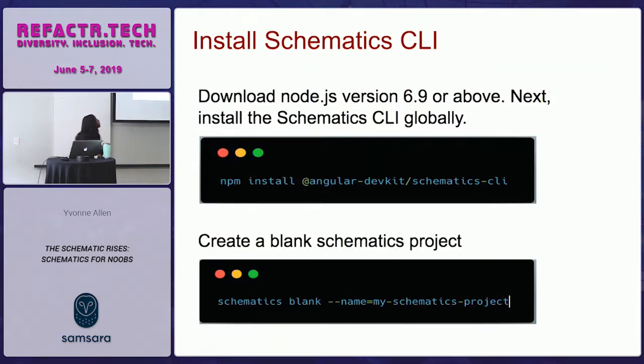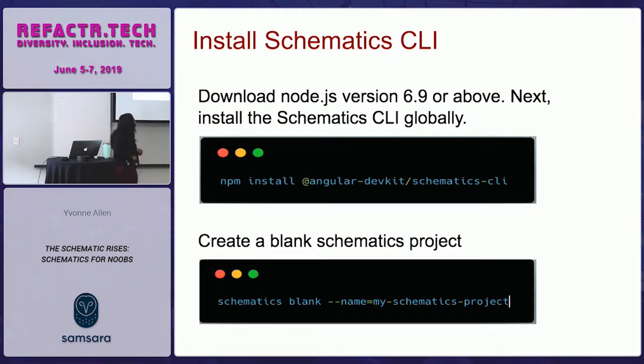Now, in order to create a schematics project, you use the schematic CLI, which is kind of the same thing, but not really. The schematic CLI is more generalized, and the Angular CLI is Angular based, whereas the schematic CLI is Angular agnostic. The only thing you have to do is first make sure you have Node 6.9 or higher installed, and do npm install and then the schematics package name, which is @angular-devkit/schematics-cli.